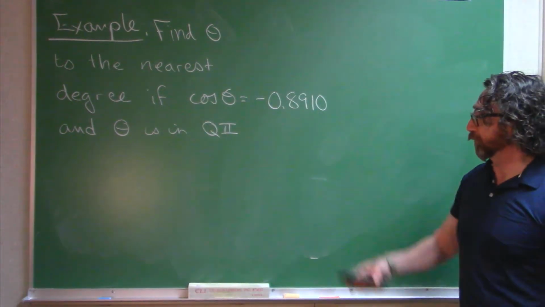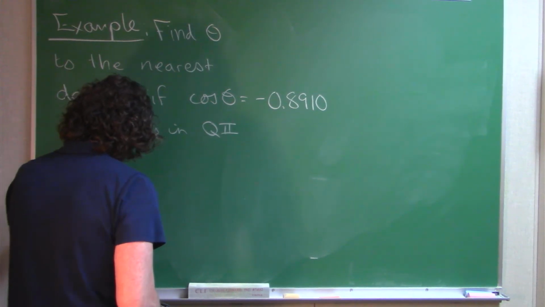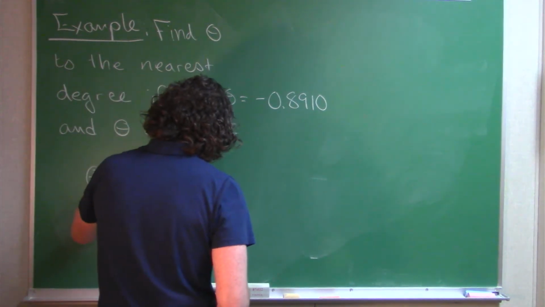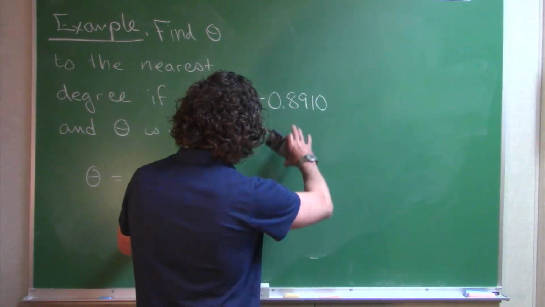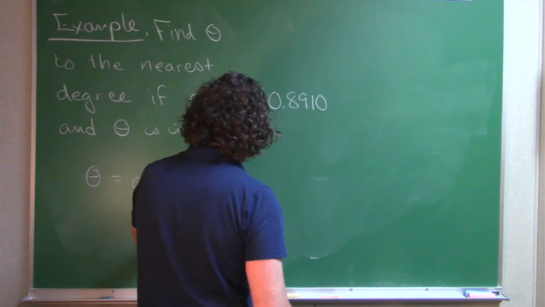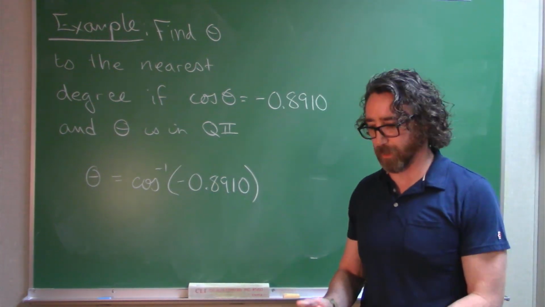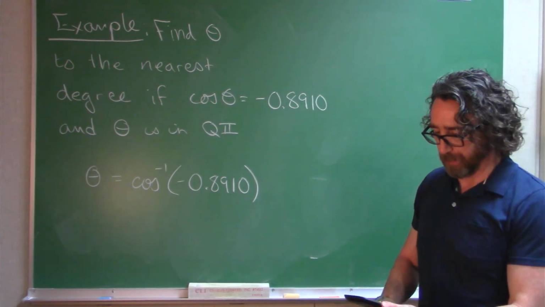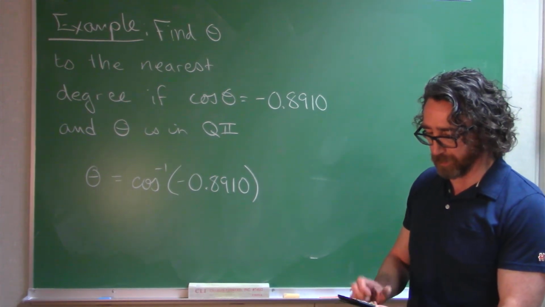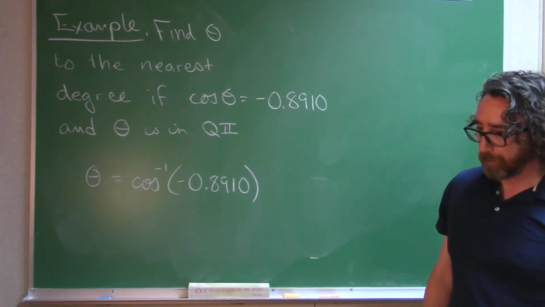Now, I'm going to start out by using my calculator here. So I'm going to take the cosine inverse of this number, negative 0.8910. So 0.8910, make it negative. Second, cosine, I'm going to take the inverse cosine. Okay, well that's convenient.